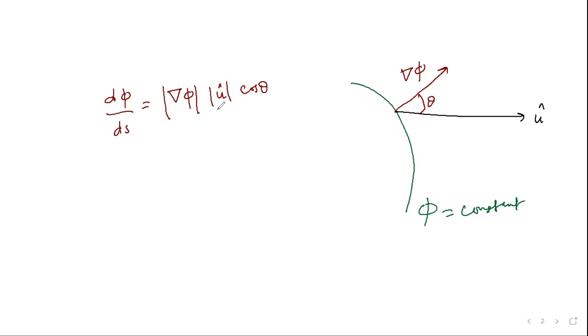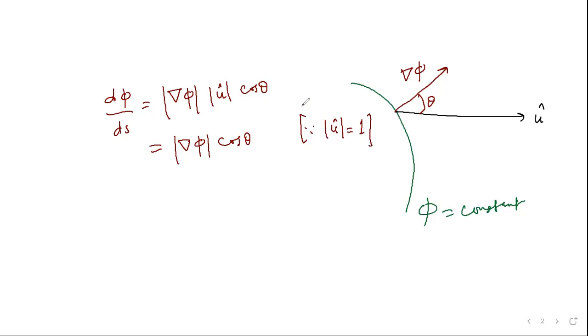Now, since it is a unit vector, its magnitude is 1. So I will have magnitude of gradient of phi and cos theta in the equation, because the magnitude of a unit vector is 1.